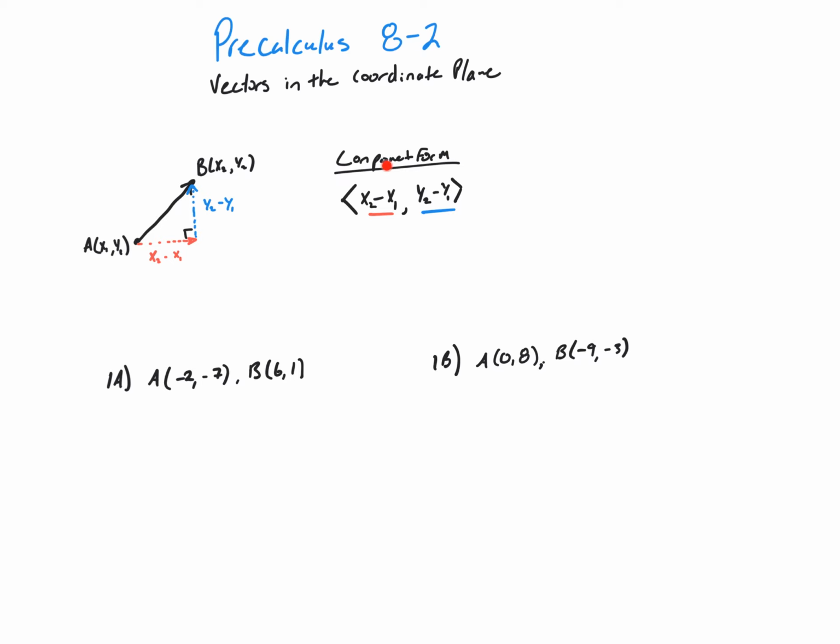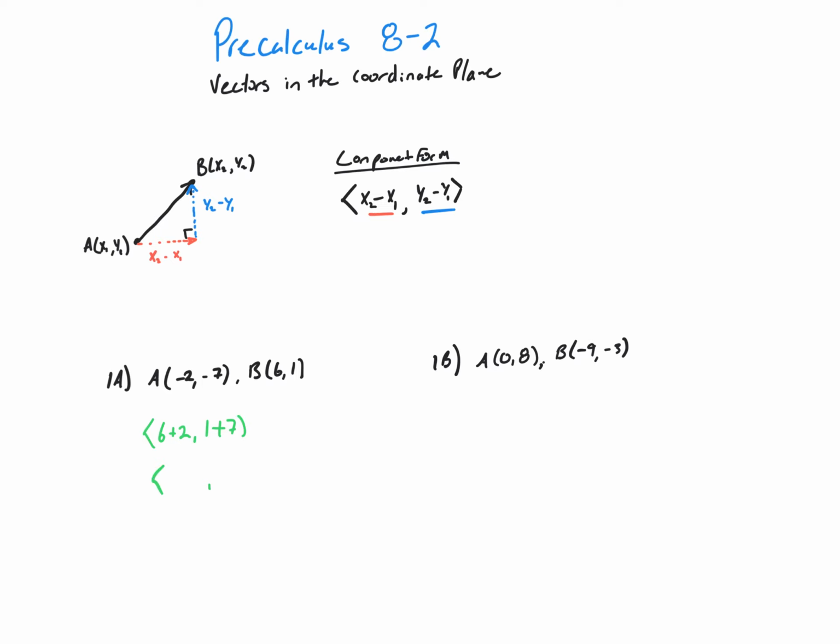And so its component form, how much it moves left and right, how much it moves up and down, is just going to be the difference of those two coordinates. So for 1a, I don't even know if I'm going to do both of these. This in vector form is going to be 6 minus negative 2, and then 1 minus negative 7.